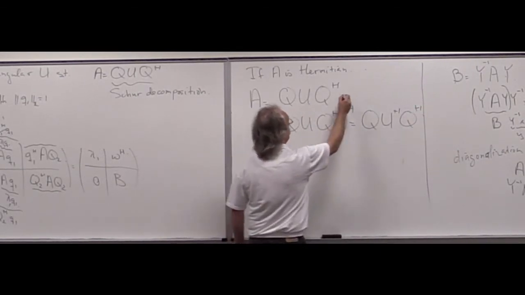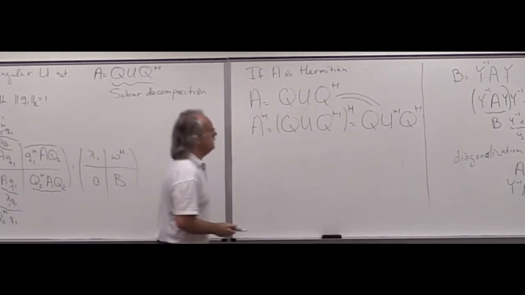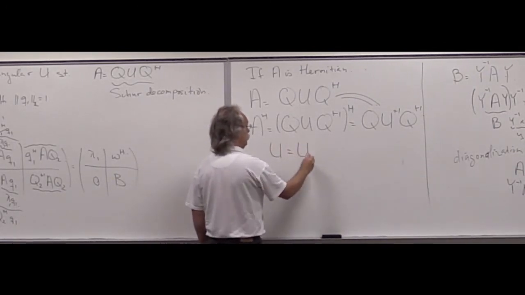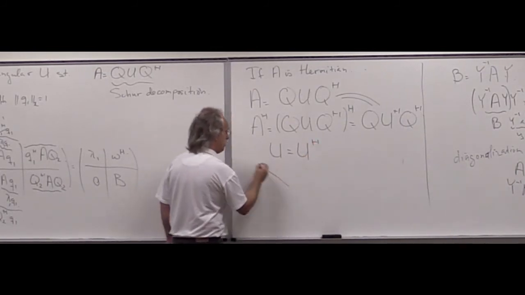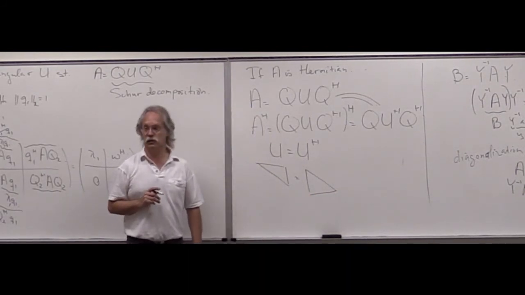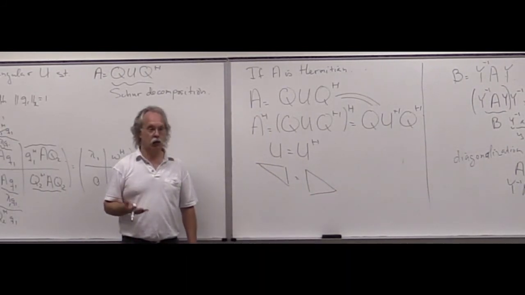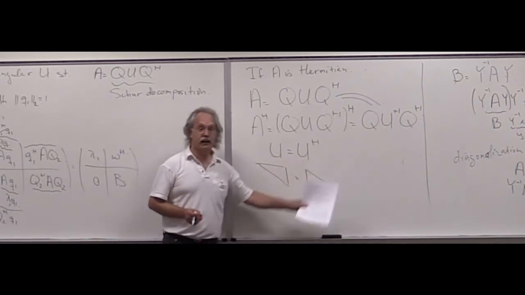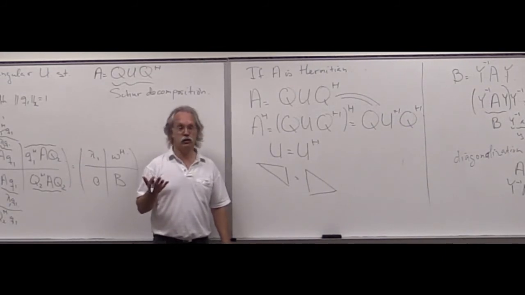So what we get is that this is equal to that, and if that's equal to that, then we know that U must be equal to U Hermitian, but U is upper triangular and this is lower triangular. So what do we know? It's diagonal. It must be diagonal. And what else do we know? The diagonal elements must be real. Right? Because on the diagonal we end up with the conjugates of the diagonal elements, and if those are equal, then those elements must be real.